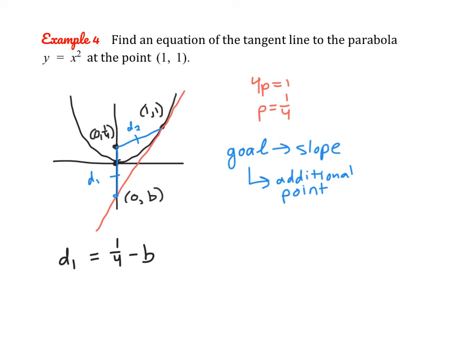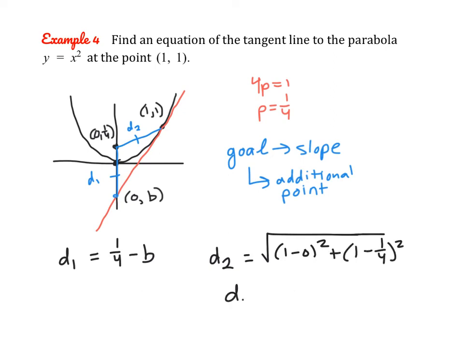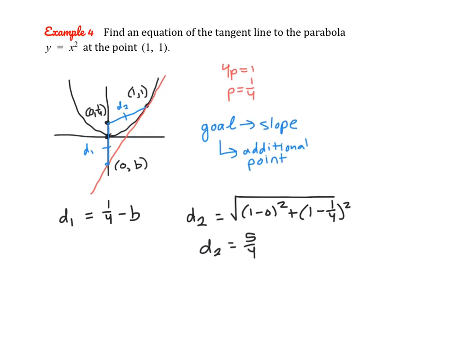Now for D2, we can find the distance between 2 points just using the distance formula. So let's do that really quick. We can do (1 minus 0) squared plus (1 minus 1/4) squared, and if you simplify that out, it becomes 5/4. So we know that D1 should be equal to D2.